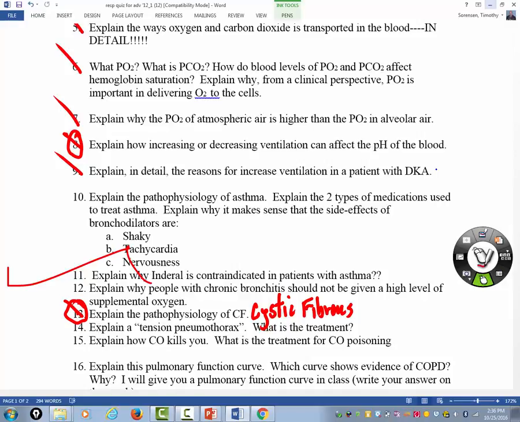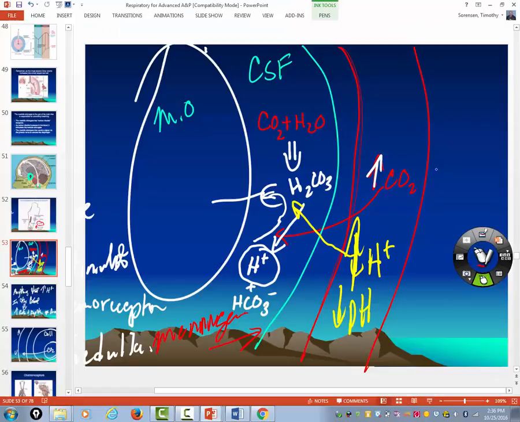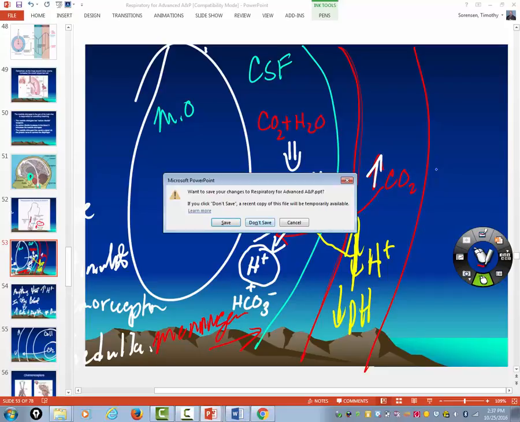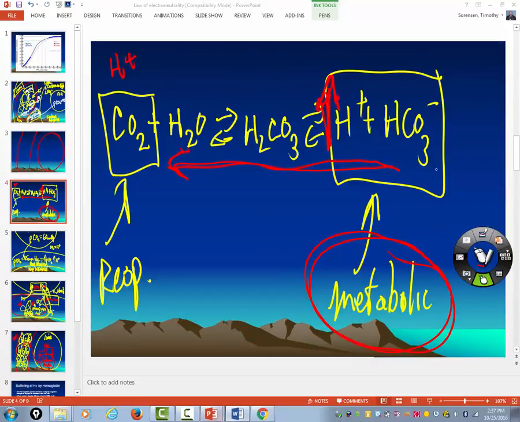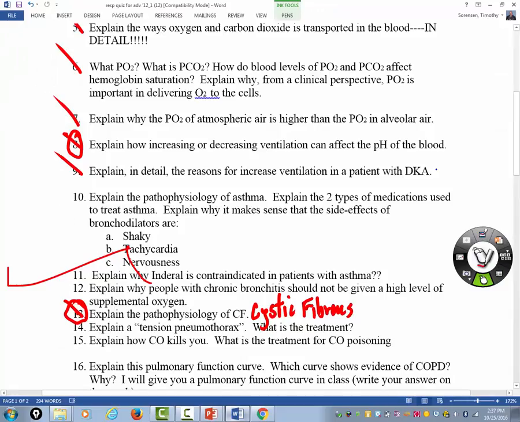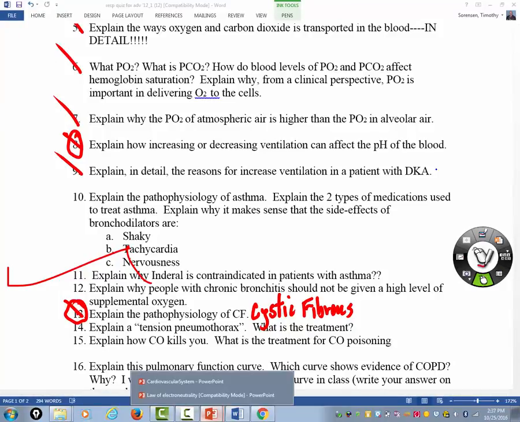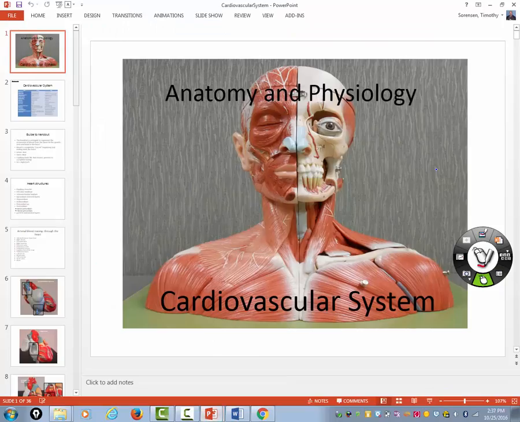Okay. Do you want me to show you how they diagnose it or no? Do you want to know it or no? You don't have to include that in your answer. All right. Okay. So that's cystic fibrosis. Tension pneumothorax. Hang on. Oh, did you want to know that? Okay.